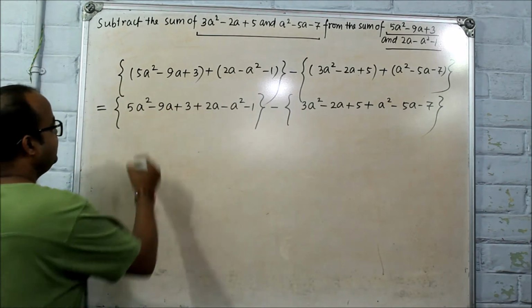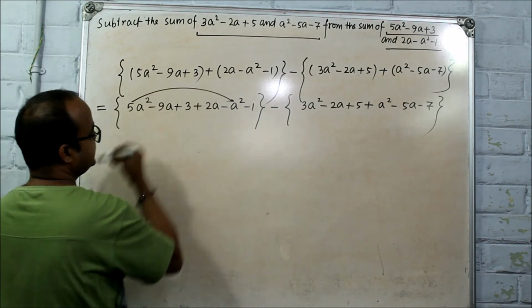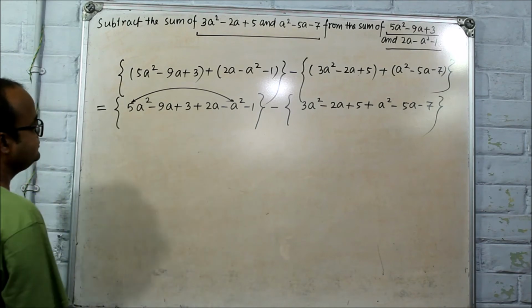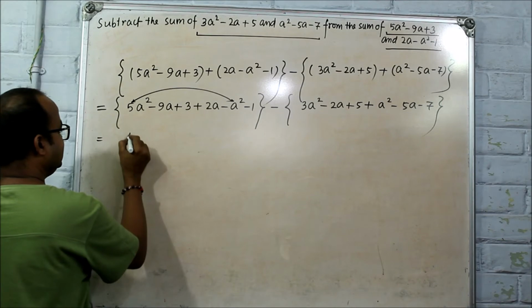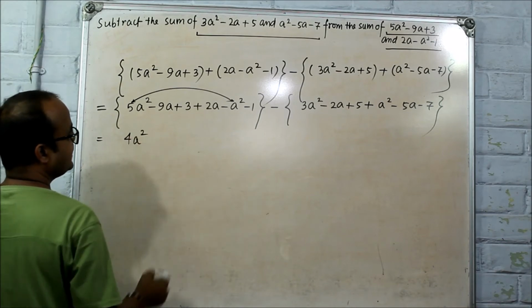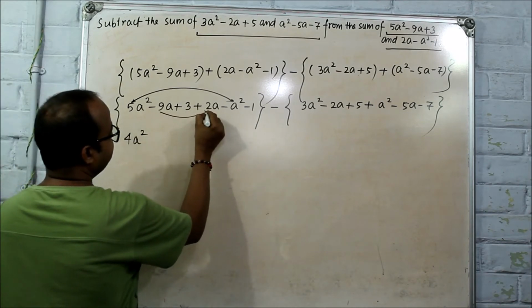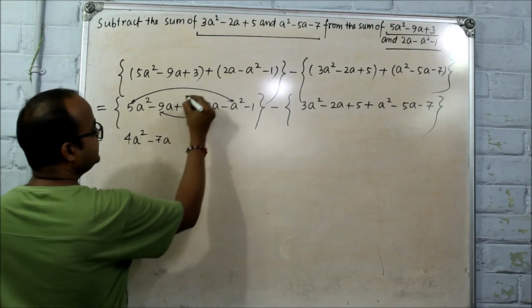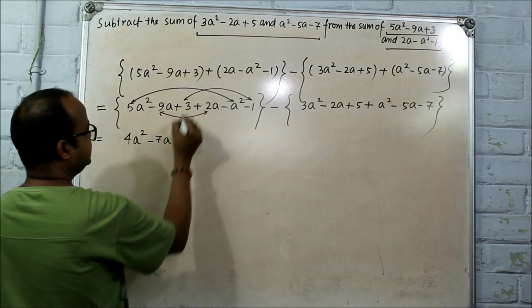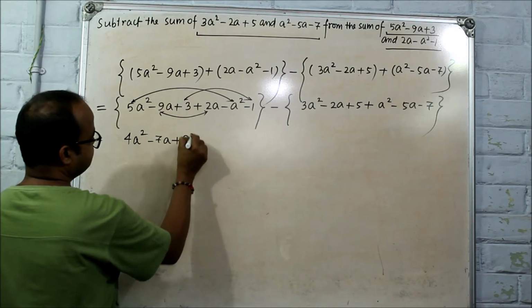Now we simplify 5a square minus a square. These two are like terms. So 5a square minus a square is equal to 4a square. Minus 9a plus 2a is equal to minus 7a. 3 minus 1 is equal to plus 2.